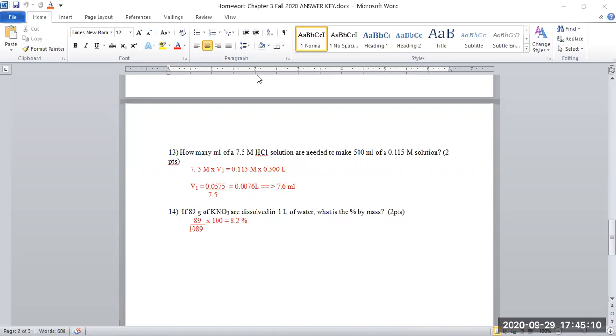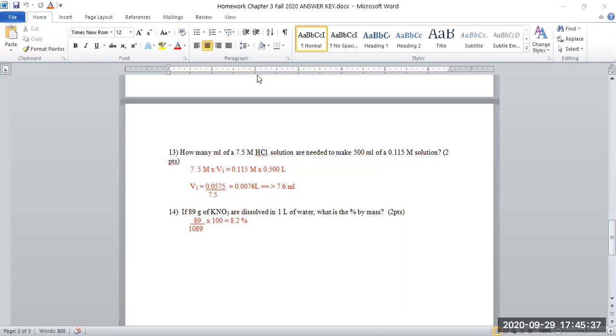So multiply the two things on the right-hand side together. That gives you 0.0575. Move your 7.5 down underneath as an algebraic rearrangement. That gives you 0.0076 liters, and it does actually say how many milliliters, so you are supposed to move your decimal place before you report the answer, and this gives you 7.6 mL.